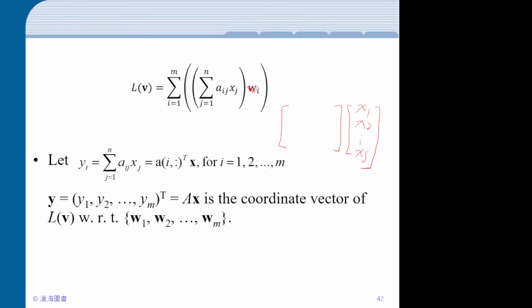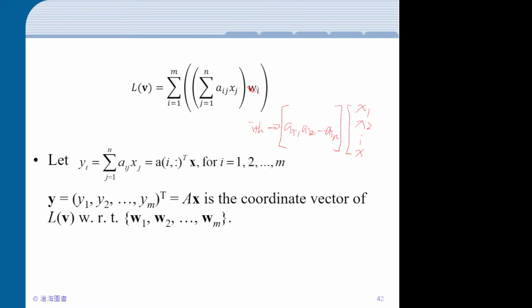And so j is getting summed over, and we have some i here. So some i corresponds to the ith row, and then you have a_i1, a_i2, to a_in here, and this is xn.